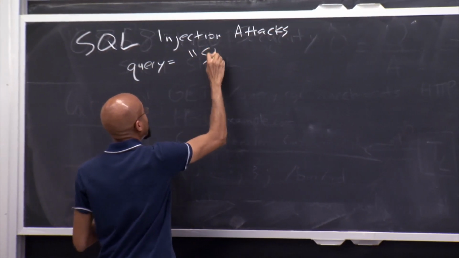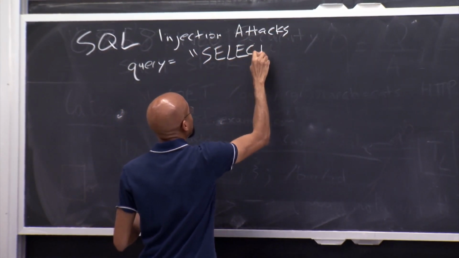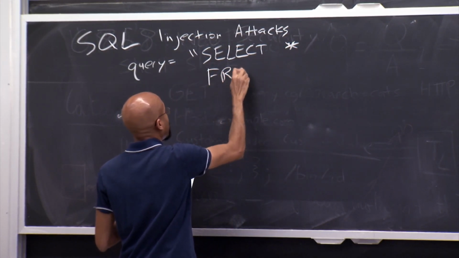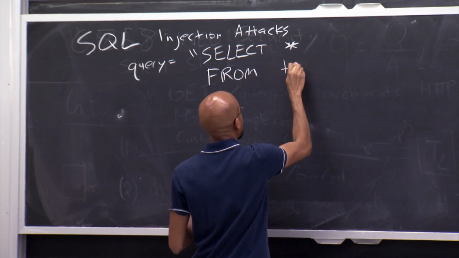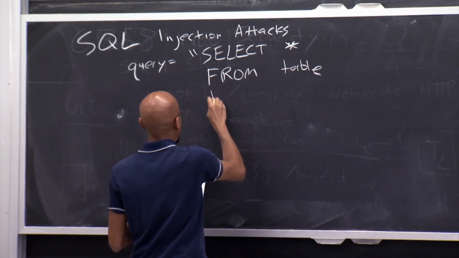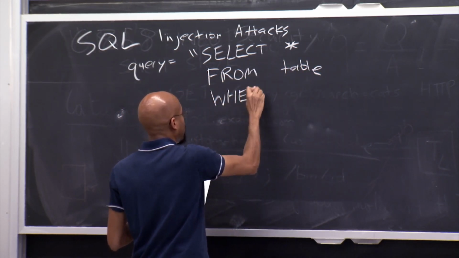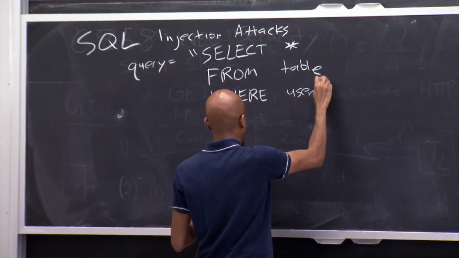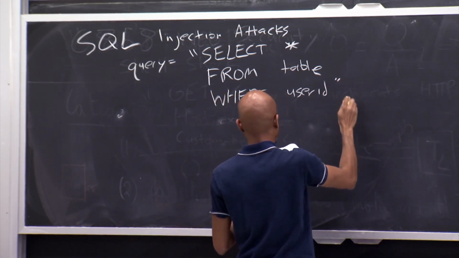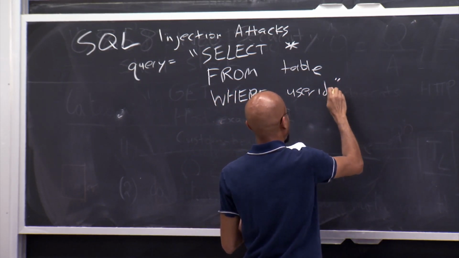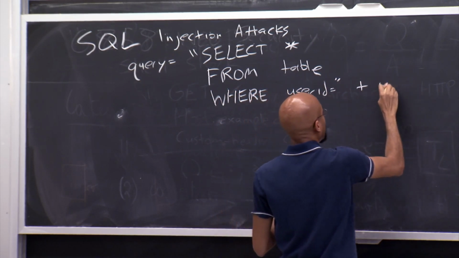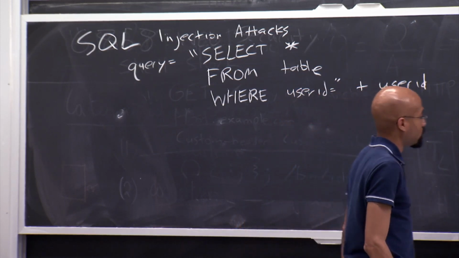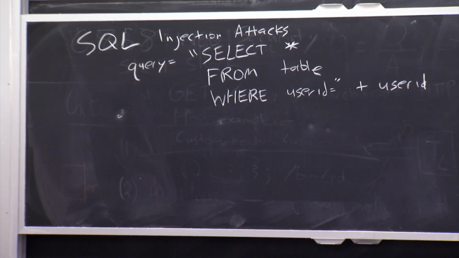You do select asterisk, so give me all the values from some particular table where the user ID field is equal to something that is specified over the web from some potentially untrusted source. So at this point, I think we all know how this story ends.